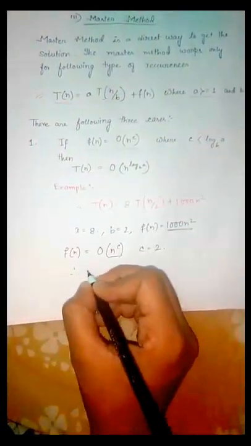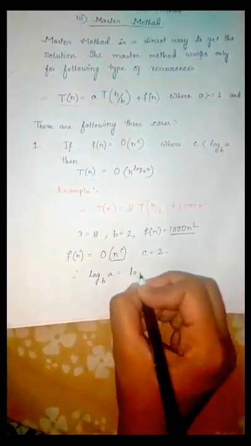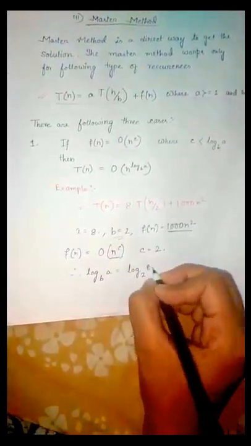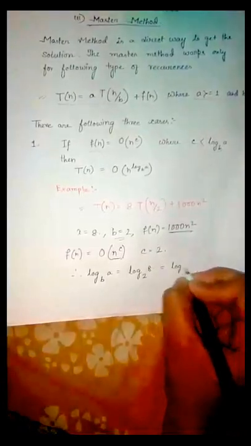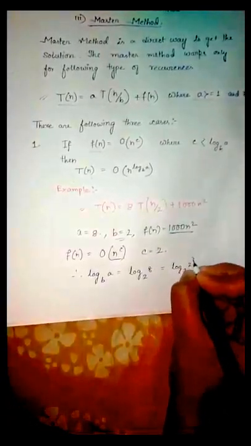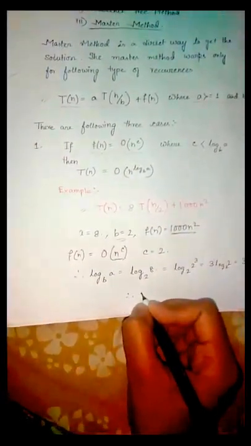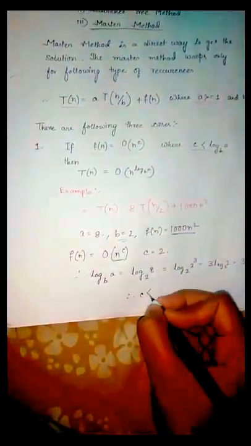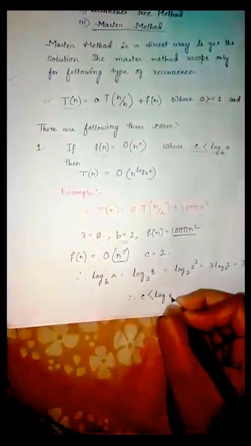Now we have to compute log of a base b. Here b is 2 and a is 8. That means log of 8 base 2, which is 3, because log of 2 base 2 is equal to 1. Now we have to check whether c is less than log of a base b.